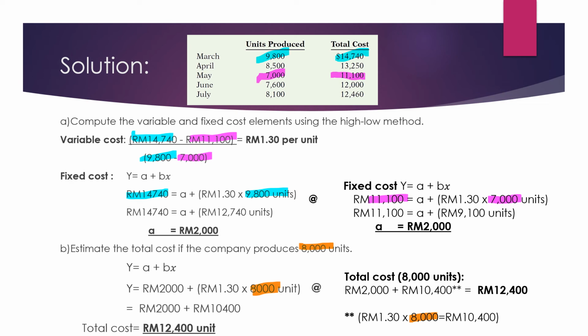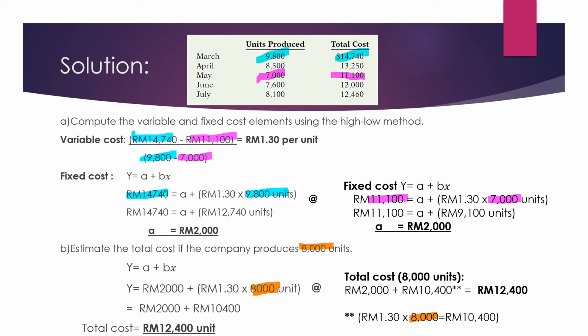If we want to find the fixed cost, y equal to a plus bx, y equal to 40,740 equal to a plus 1.30 variable cost multiplied by 9,800 units. So we settle the equation and the fixed cost equal to 2,000.